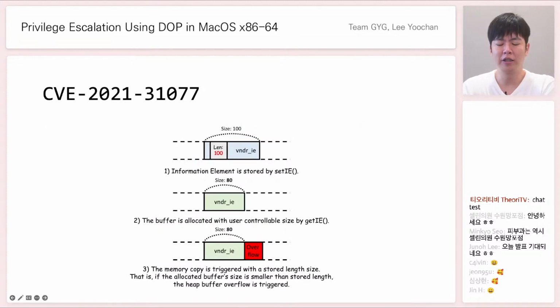The simplified mechanism of this bug is the following. Let's suppose the length of the buffer stored by the setIE function is 100, and suppose that the newly allocated buffer size is 80. The memory copy function uses the stored buffer length field as the size, and it will cause a buffer overflow, because the size of the allocated buffer is 80, but the copy size is 100.